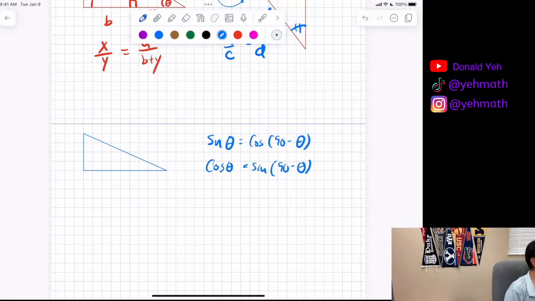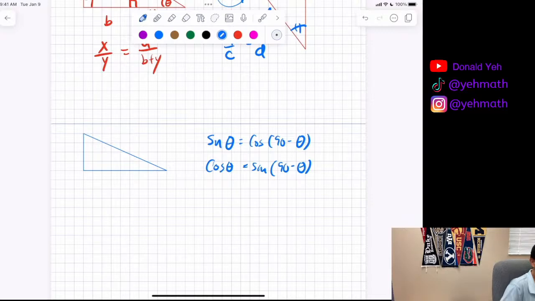This occurs in the unit circle. Why? Sine of 30 degrees is the same answer as cosine of 60, right? Does that make sense? You already know this. You just need to know how to apply it on the SAT. It's called the co-function identity. Cosine of 89 degrees is the same as sine of 1 degree.